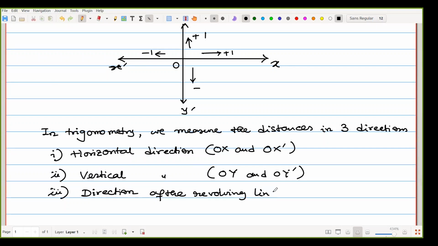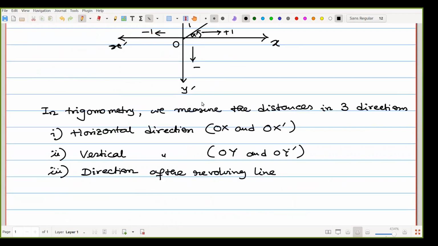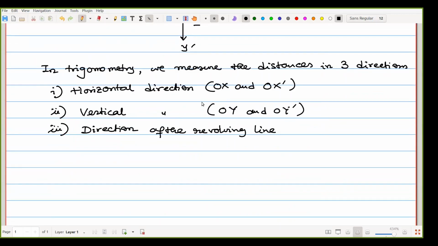Now the revolving line means, suppose we have that one is the revolving line. So we can say it is OP, from where we are finding the counterclockwise angle direction. Suppose that is OP.